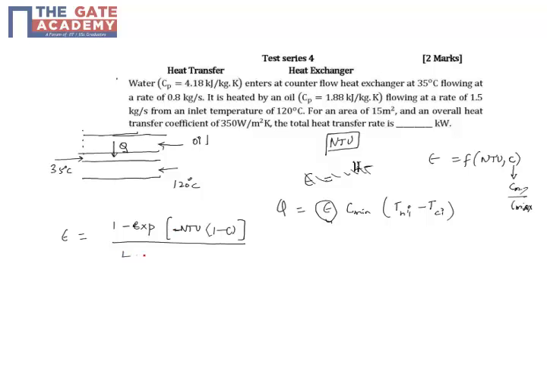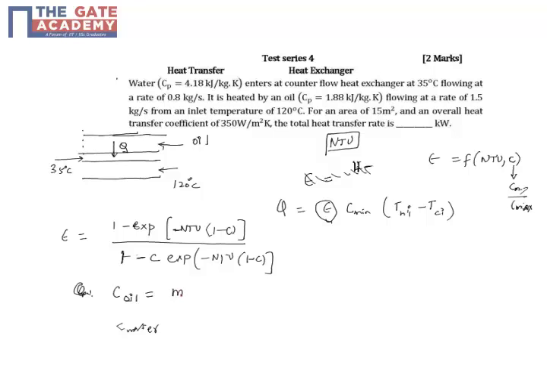So 1 minus exp, that is exponential basically, minus NTU into 1 minus C, divided by 1 minus C exp minus NTU into 1 minus C. So now first we need to get NTU and the ratio of heat capacity. So first let's see what is C min. What is the heat capacity of oil and what is the heat capacity of water, and then we will decide which is minimum.